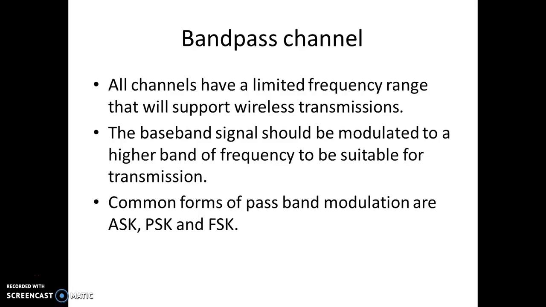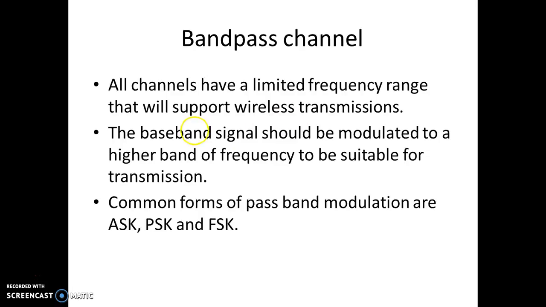This has a lot of advantages which you would have already learned, like a higher frequency will reduce the antenna height, it will enable frequency multiplexing of the signals, and a lot of other advantages which, due to limitation of time, I don't want to discuss now. Presently let us see different types of bandpass modulation.